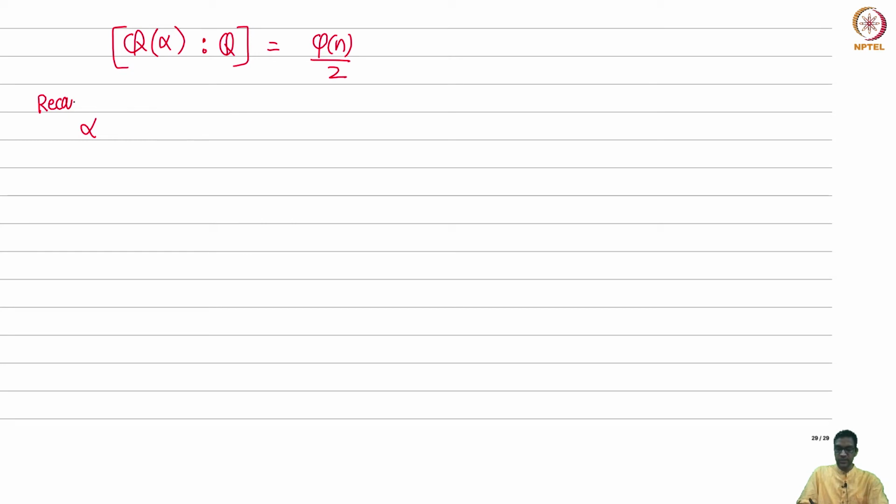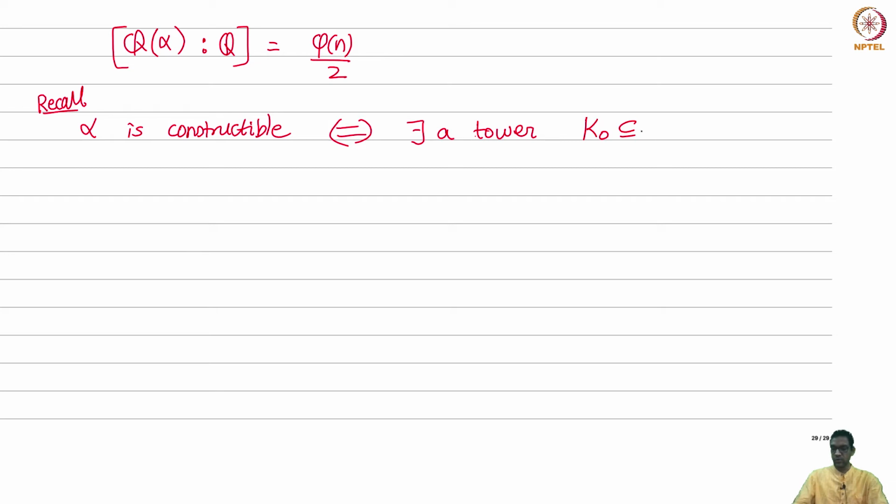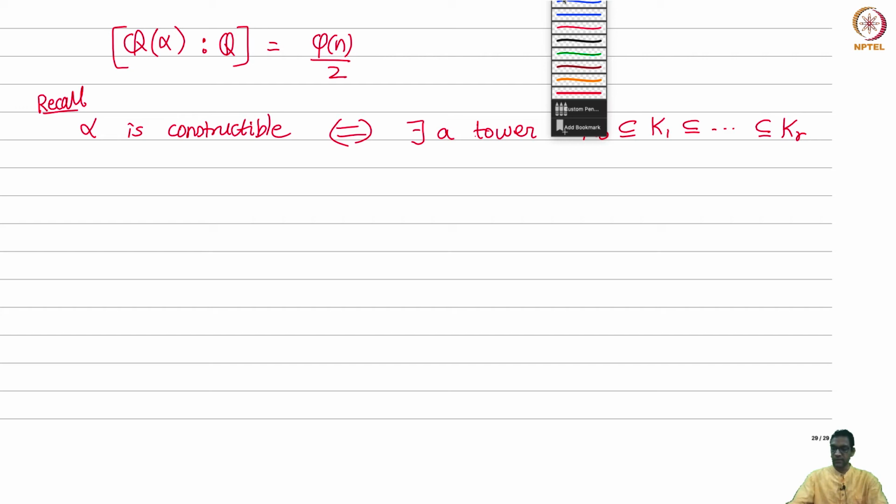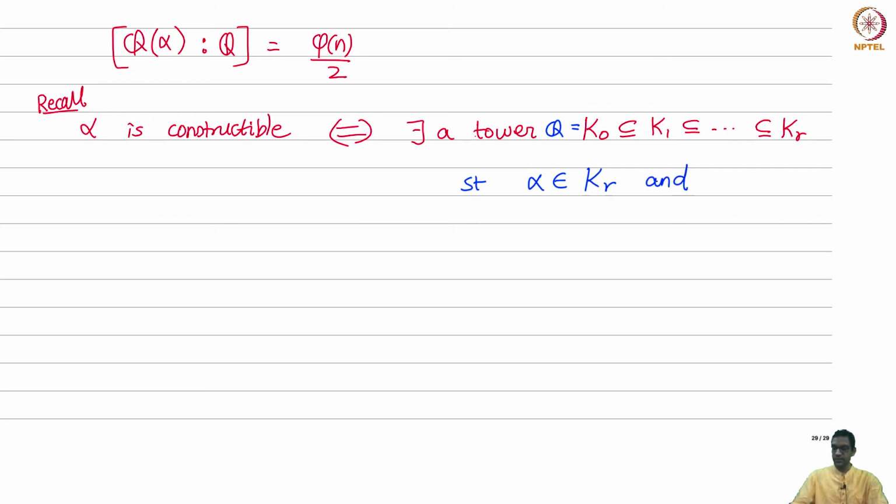Recall, alpha, a real number, is constructible if and only if there exists a tower of extensions, let me call this K0 contained in K1 contained in some Kr, such that the bottom is just Q, alpha belongs to the last element of the tower, and each extension is of degree 2.